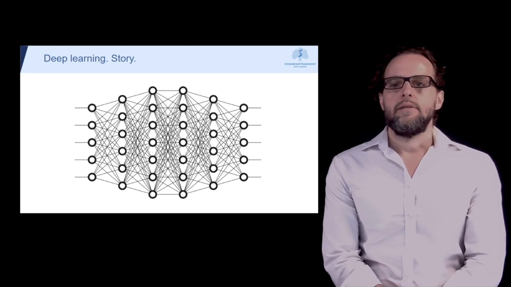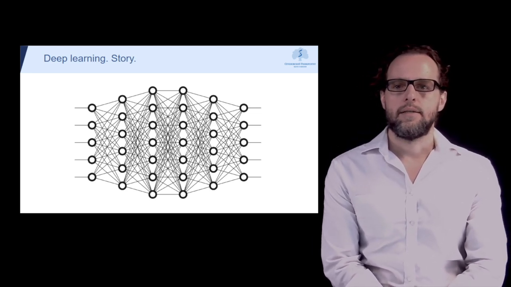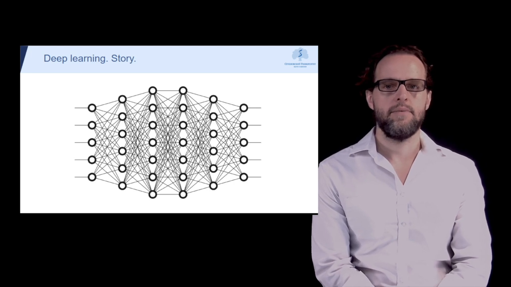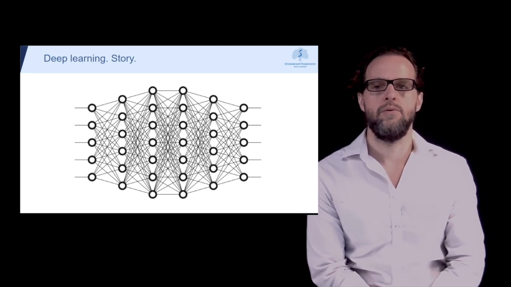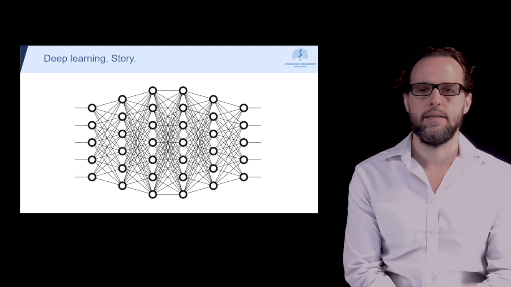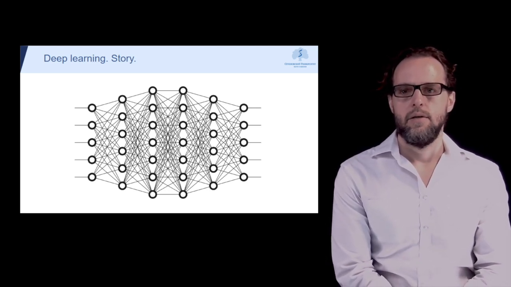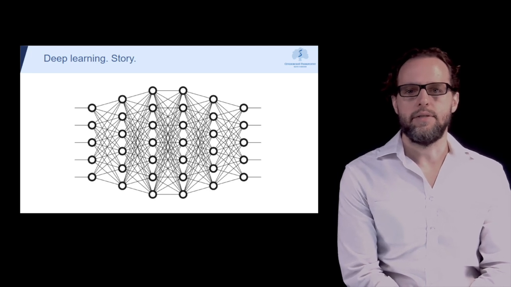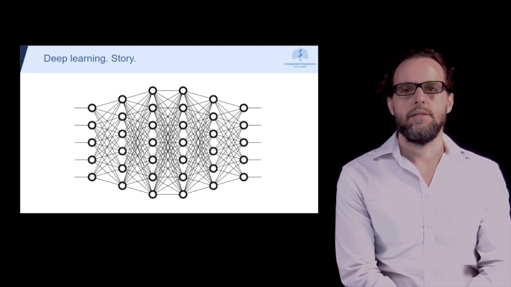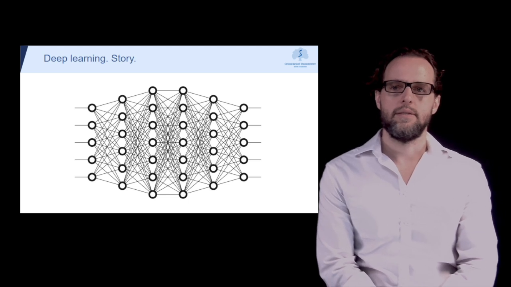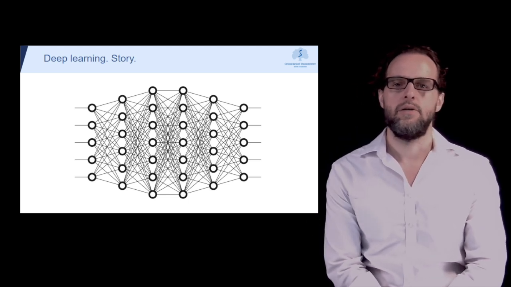Deep learning neural networks are a class of algorithms in machine learning that learn to understand data in a deeper, more abstract way. First, a little history. Many deep learning methods were known in the 80s and even earlier.